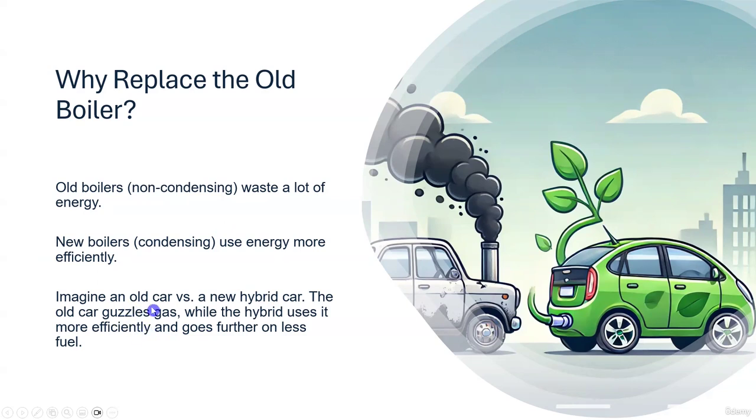So imagine an old car versus a new hybrid car. The old car guzzles gas while the hybrid uses it more efficiently and goes further on less fuel. So that's how a condensing boiler saves more energy compared to a non-condensing boiler. This is an analogy which will help you understand the concept.